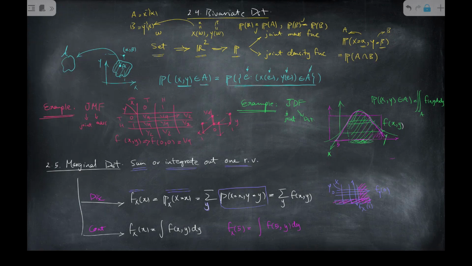It's just like a 1D figure. And then the area under that is what you compute over here. And then you compute that area, and that's going to be your f of x at 5. And then for each point, you do the same thing, and you finally get your marginal distribution.